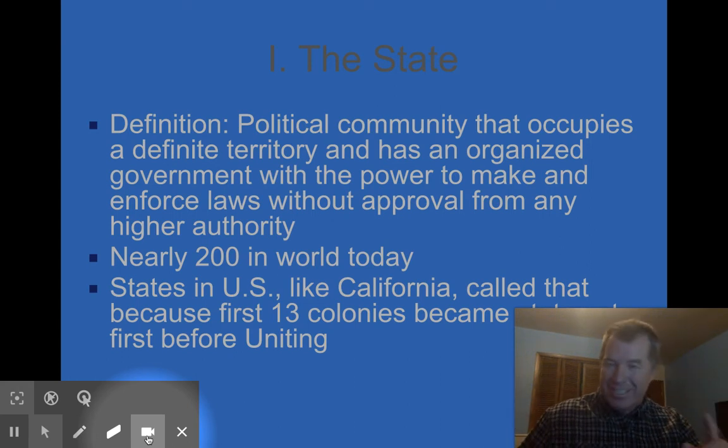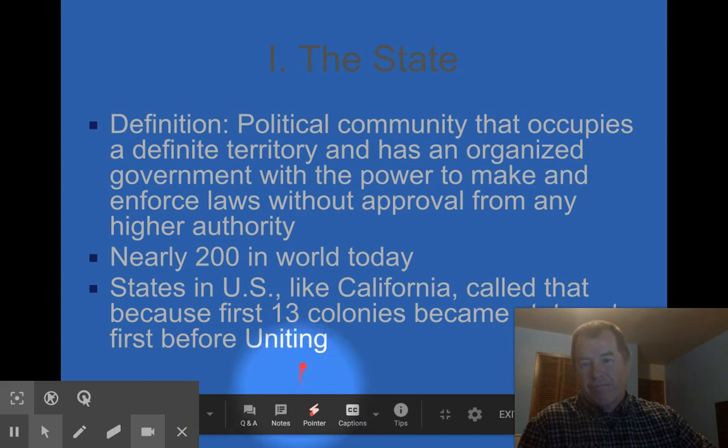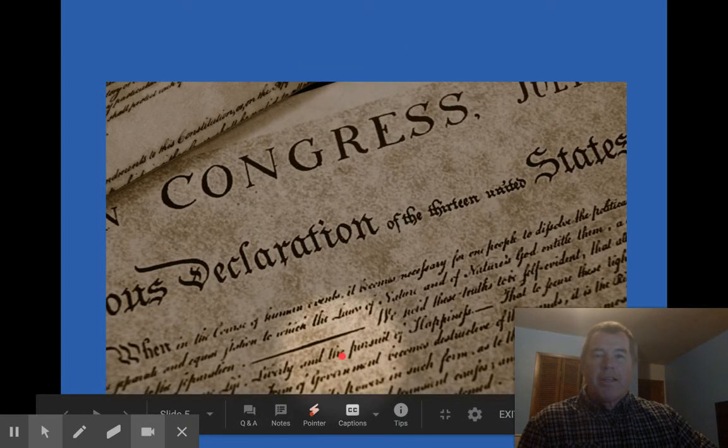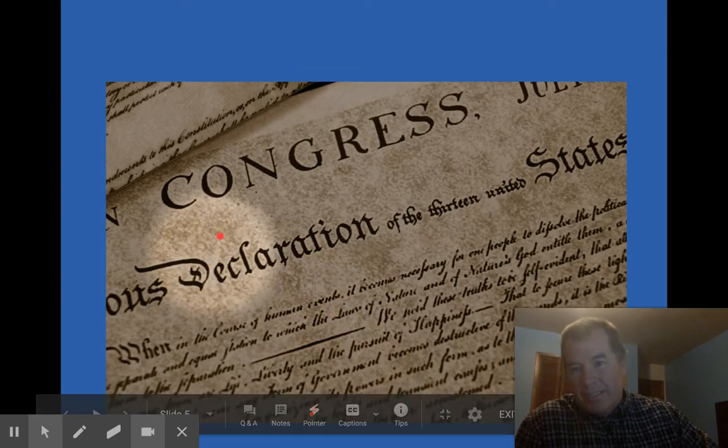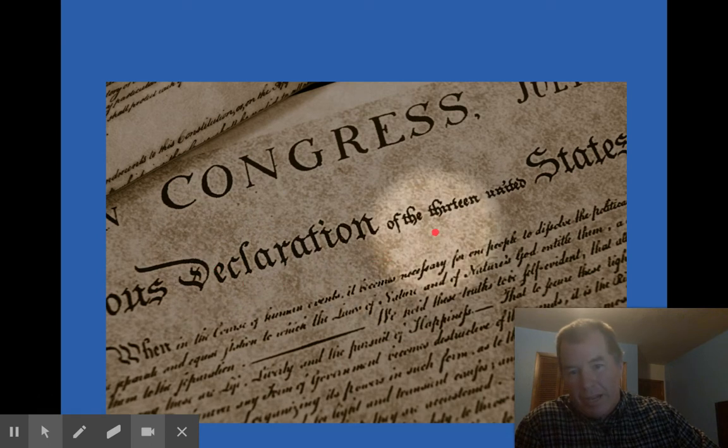The problem was none of those states or colonies were strong enough to defeat the British on their own. So New York, as a colony wanting to be a state, didn't have the military might to kick the British out by themselves. So those 13 colonies united together. They united, right?